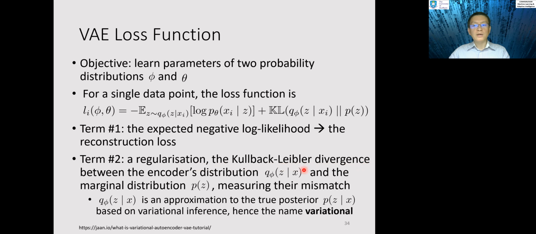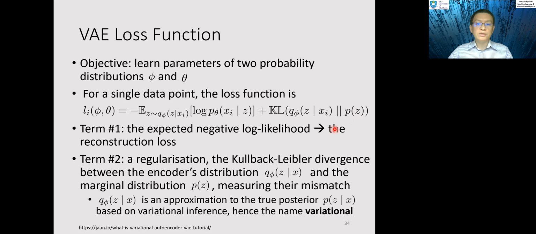This is a divergence between the encoder's distribution q phi of z given x, which encodes z given x, and the marginal distribution p of z.